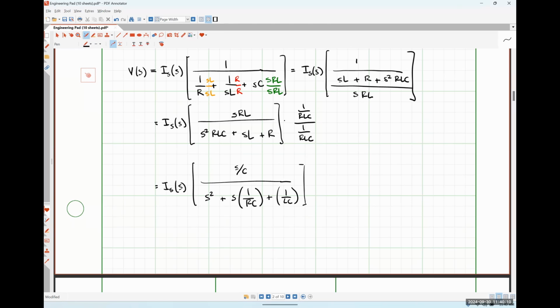So I believe that I have this in a reasonably good form. So now let's sort out what that whole IS of S is going to be, right? So let's take the Laplace transform of our input signal. Anybody remember how to do that?